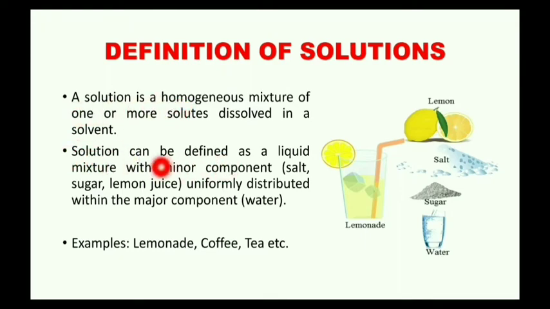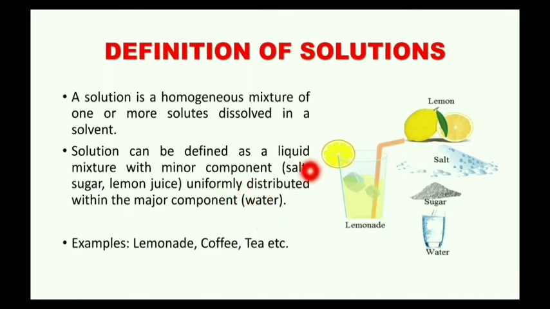So solution can be defined as a liquid mixture with minor component like salt, sugar that is uniformly distributed within the major component, that is water. So solutions are defined as nothing but a liquid mixture where the minor components, that is the solute, like the salt, sugar, etc., are uniformly distributed in the major component, that is nothing but solvent. So here the major component that is taken is water.